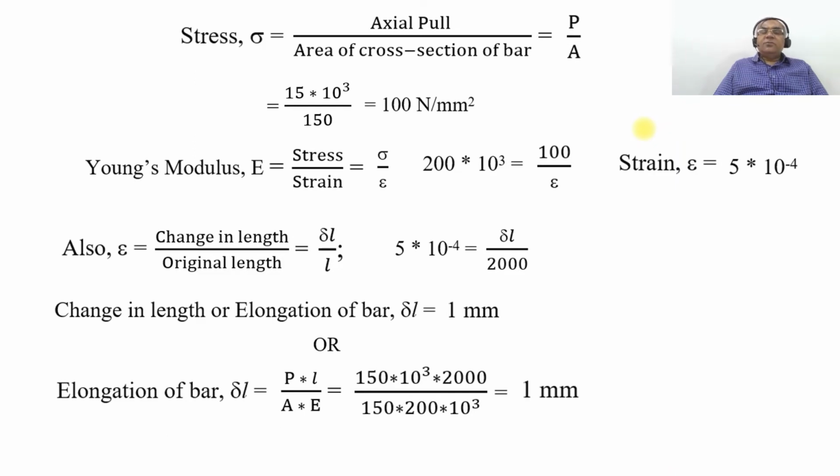You will get this value directly. Either this way or that way can be followed. This can be obtained directly from the formula. Now, delta L will be equal to 1 mm.